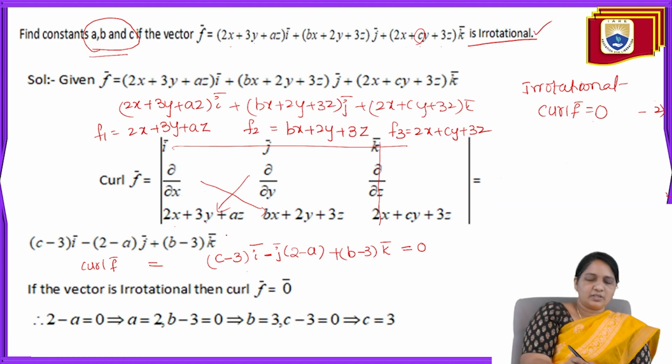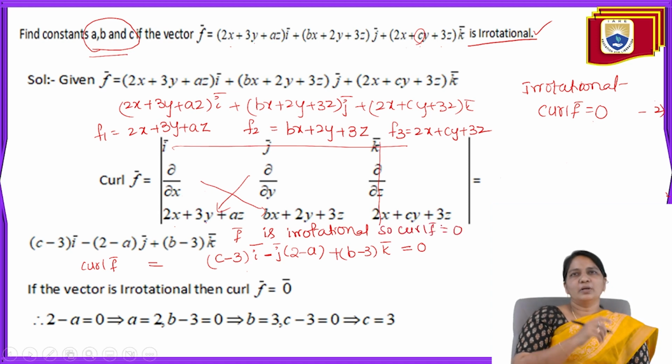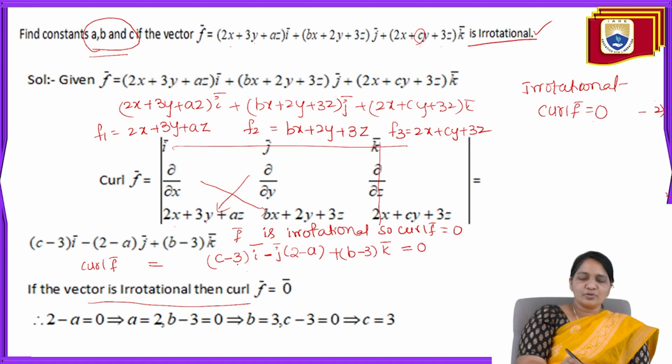They are saying that f bar is irrotational, so curl f bar equal to 0, which means 0 bar, and 0 bar is nothing but 0 i plus 0 j plus 0 k.